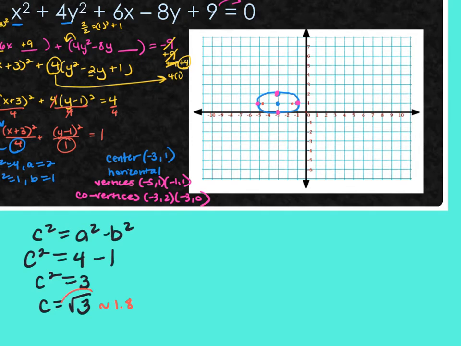But when I use it for my actual coordinate points, when I'm adding and subtracting that from the x value of my center, I'm going to leave it as root 3. So it'd be (negative 3 plus root 3, 1) and (negative 3 minus root 3, 1). Those would be your foci.